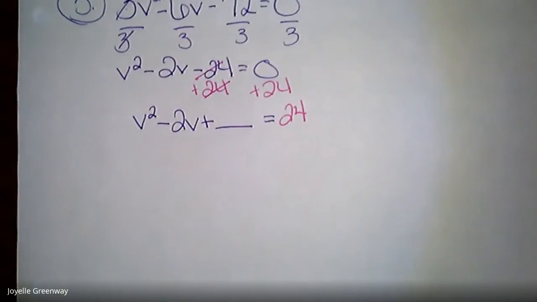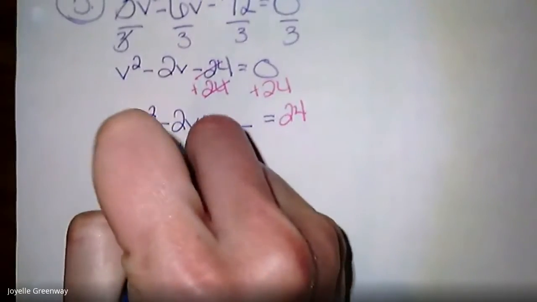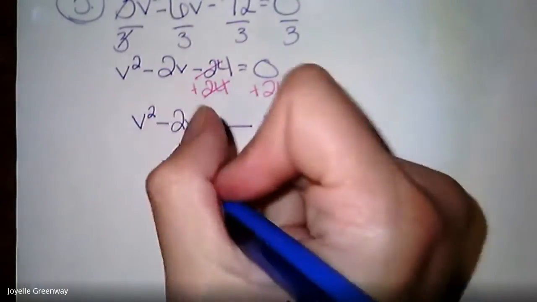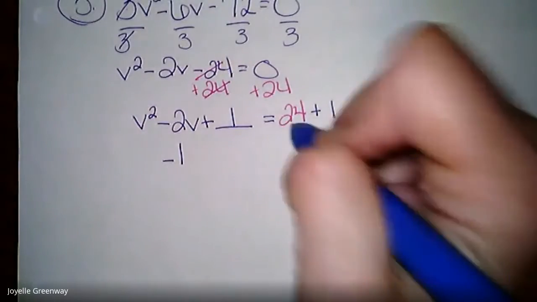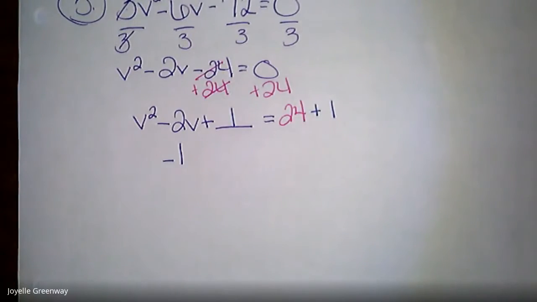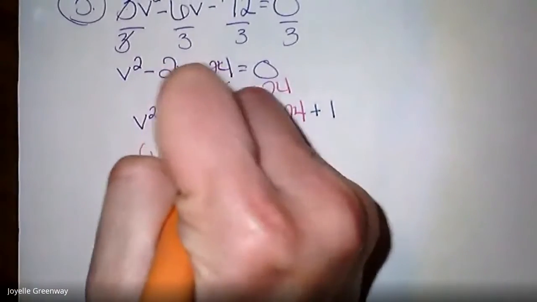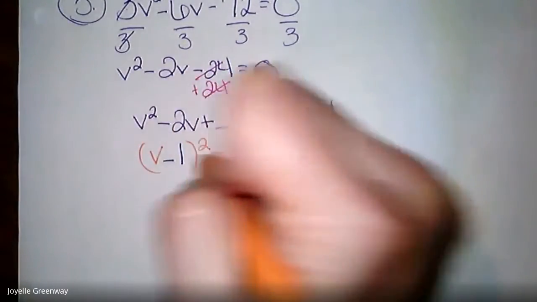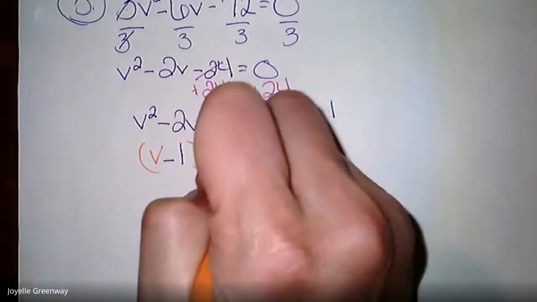So now I'm going to take half of b. So half of negative 2 is negative 1. I'm going to square that. So negative 1 squared is 1. And I'm going to add it to the other side as well. So now I can do my little cheat. So v minus 1 quantity squared is equal to 25.